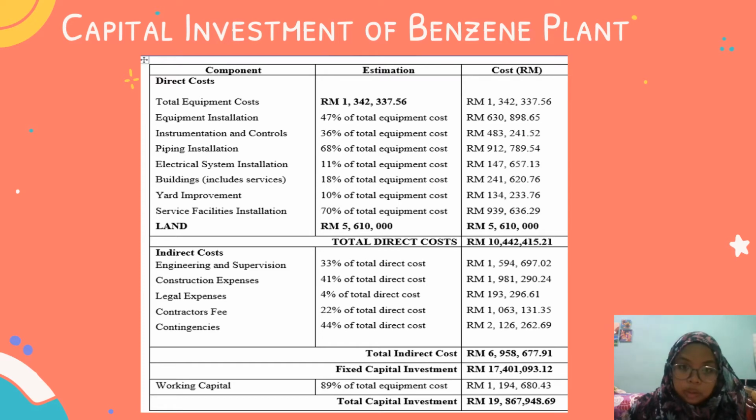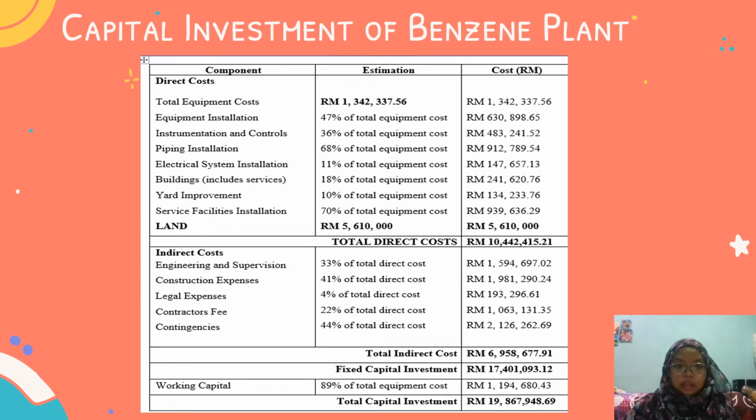47% of total equipment cost. Instrumentation and controls, 36% of total equipment cost. Piping installation, we have 68% of total equipment cost. Electrical system installation, 11% of total equipment cost. Buildings including the service, 18% of total equipment cost. Yard improvement, 10% of total equipment cost. Service facilities installation, 70% of total equipment cost.